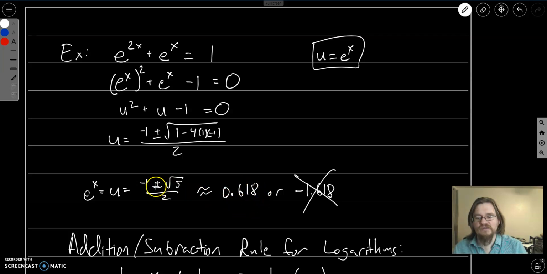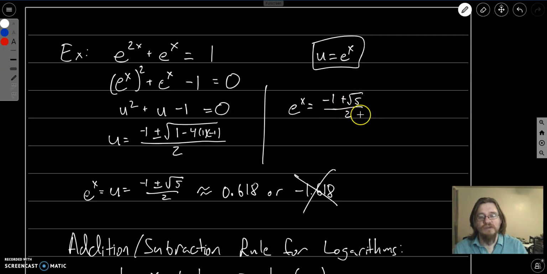So that was the minus one right there. So the only thing that we can have is the positive root of this quadratic. So coming back, we know that e to the x has to be equal to negative 1 plus the square root of 5 over 2, and this is the only solution that we have.